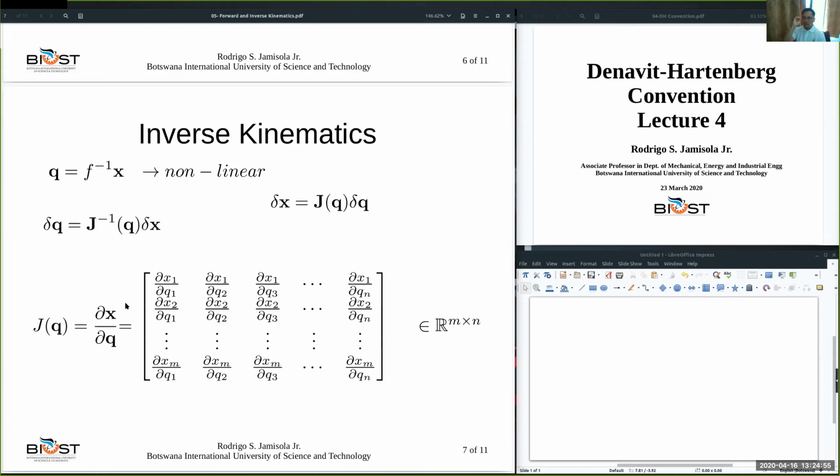But to create a generality of how the partial differentiation is created, we are going to put the components of x as x1 up to xm, and the components of q as q1 up to qn.